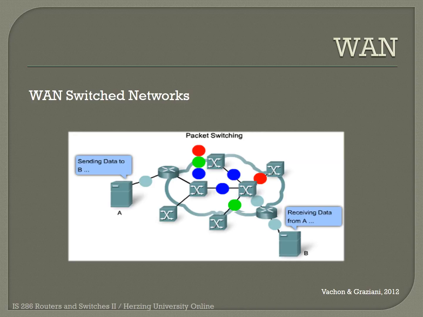There are two types of packet switched networks: connectionless and connection-oriented. The Internet is an example of a connectionless packet switched network. In this type of system, addressing information is contained within each packet, and this addressing information is used at each step along the way in order to get the packet to its destination.